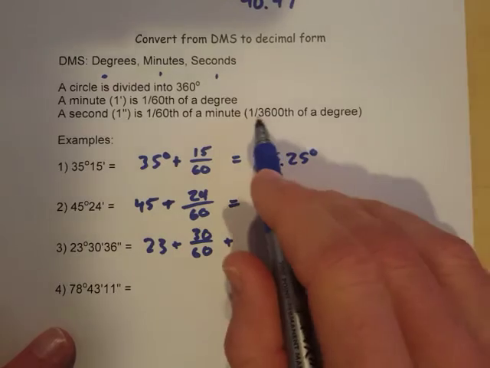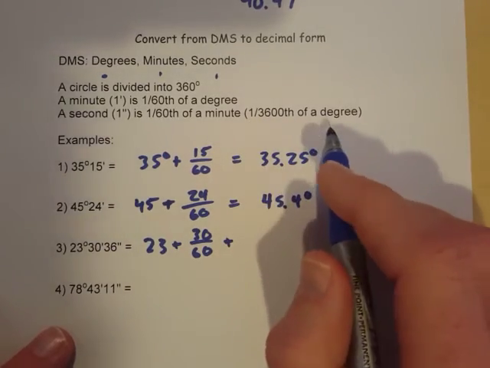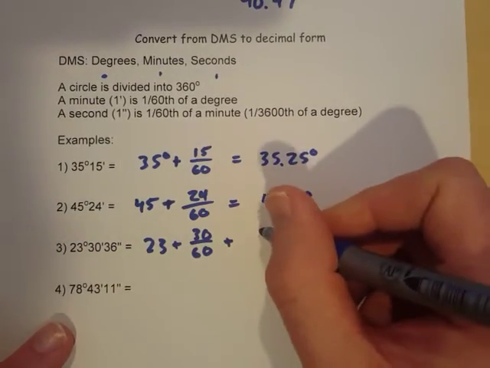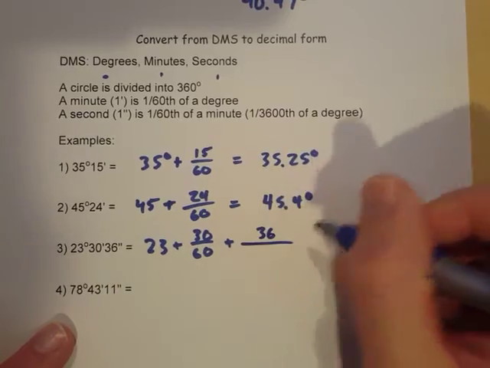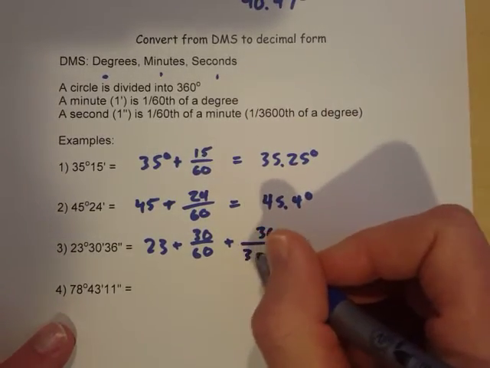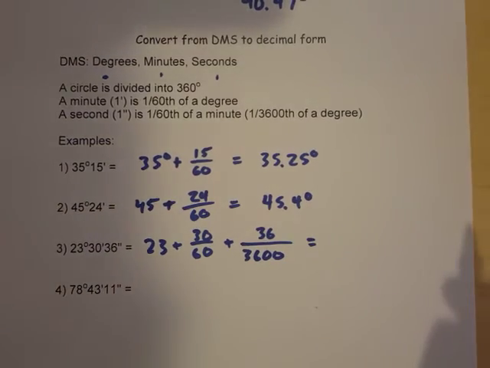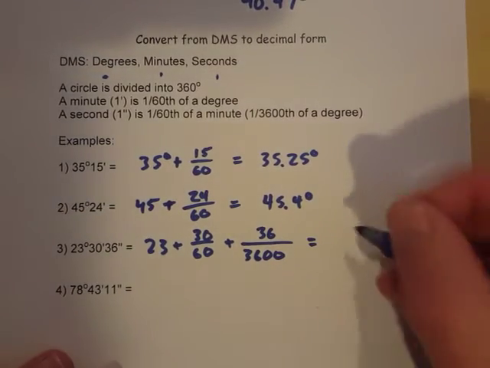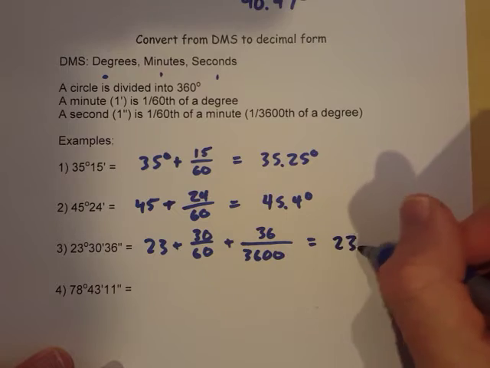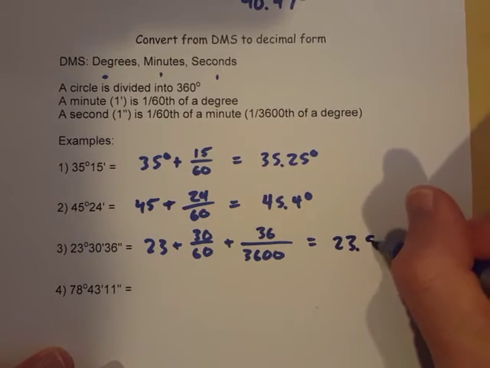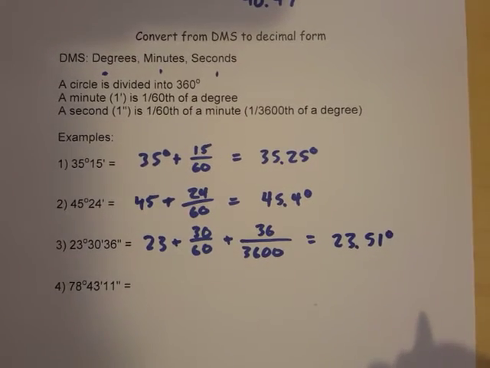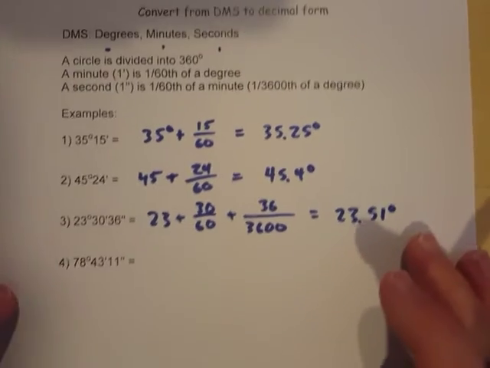So a second is 1/3600th of a degree. That means that we're going to do the 36 seconds divided by 3600 in this case. You just punch all those in on your calculator, add them together, and the decimal number we get is 23.51 degrees.